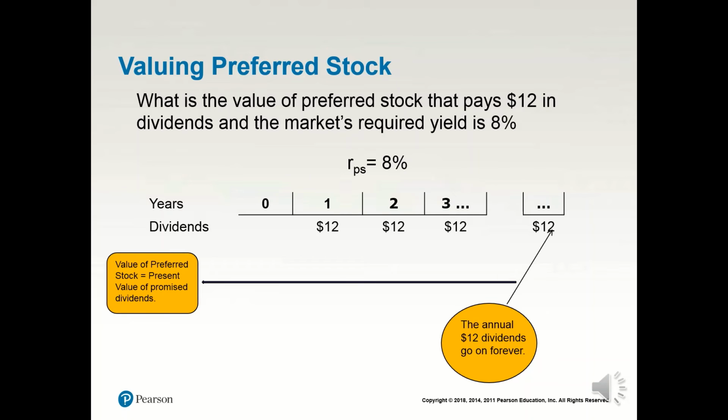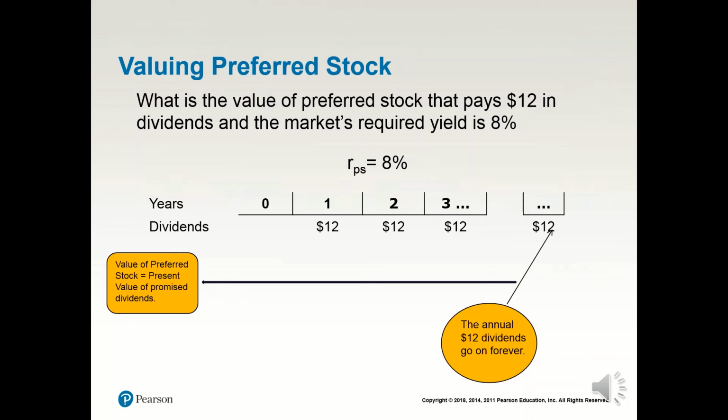Let's put some numbers to it. What is the value of preferred stock that pays $12 in dividends and the market's required yield is 8%? We can put that on a timeline to show our $12 level perpetuity.